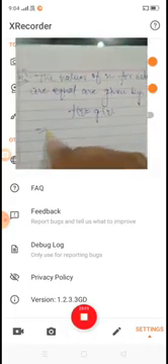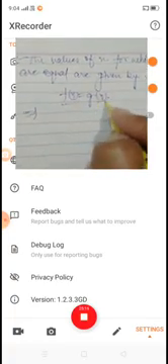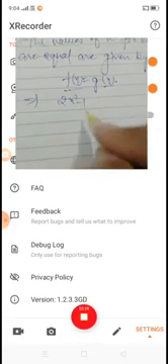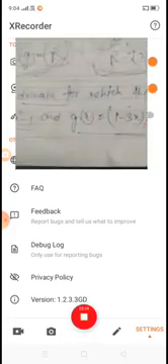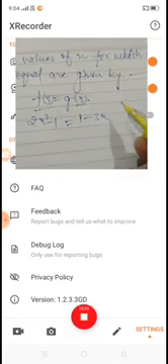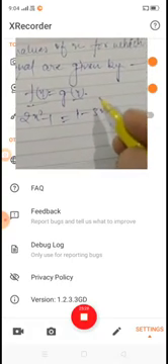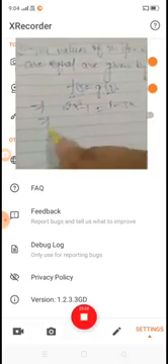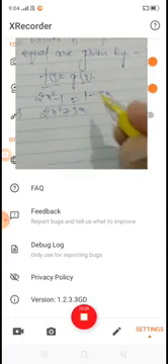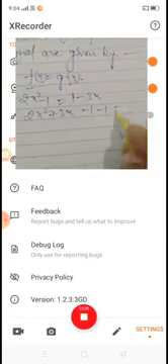Now we put the values of f(x) and g(x) which are given. The value of f(x) is 2x square minus 1 and the value of g(x) is 1 minus 3x. Now solving that, 2x square plus 3x minus 1 is equal to 0.